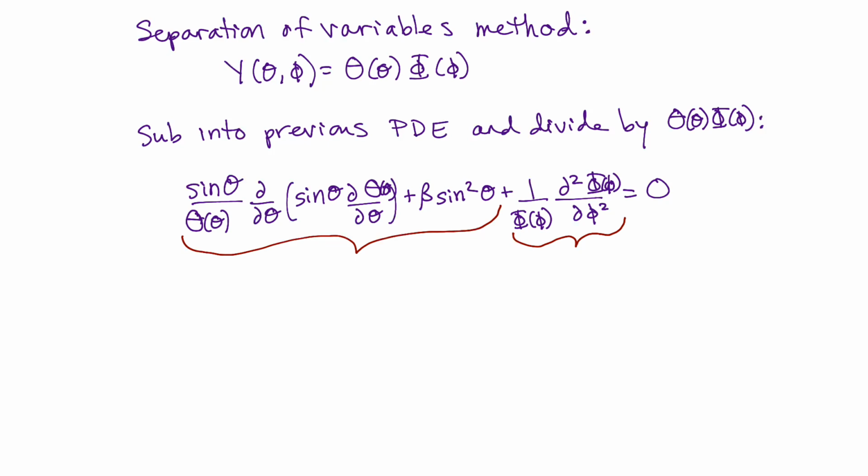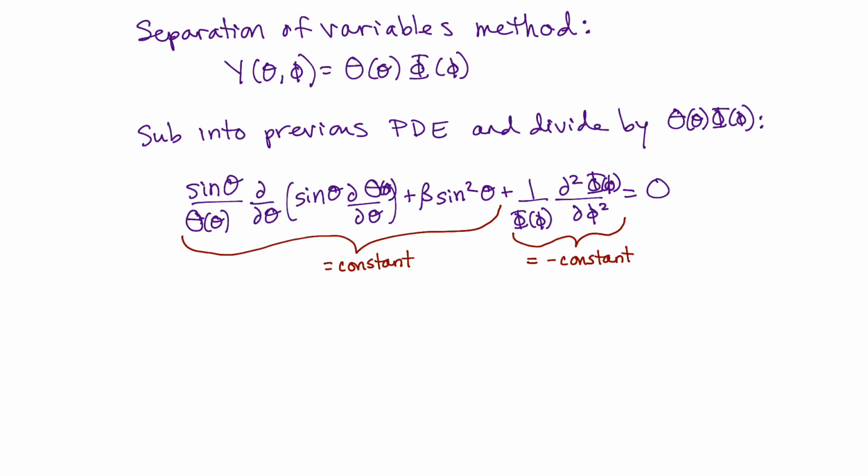Because this whole expression equals 0, we can say that this group of terms is equal to a constant, and then this group must be equal to the negative of that constant.